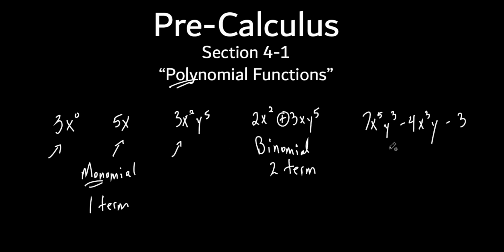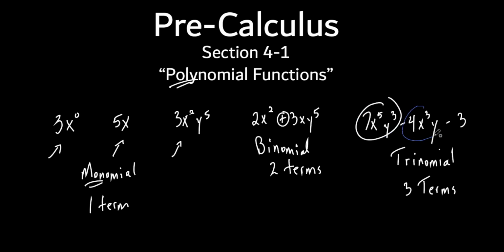So that's mono, that's bi. This is trinomial. Very good, because there are 3 terms. That's one term, that's another term, and that's another term.